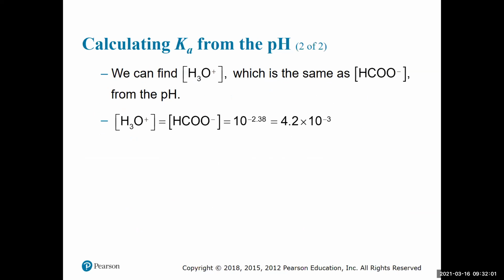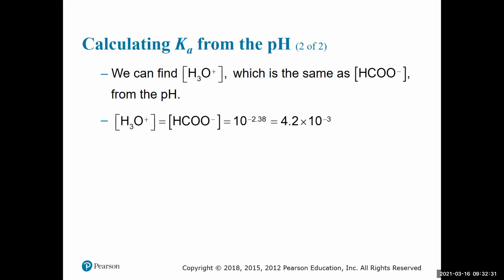But before that, let's convert what the hydrogen ion concentration is into molarity. Remember, it was given to us in terms of pH. If we're told the pH is 2.38, to convert that into a concentration, we raise 10 to the minus 2.38 power.